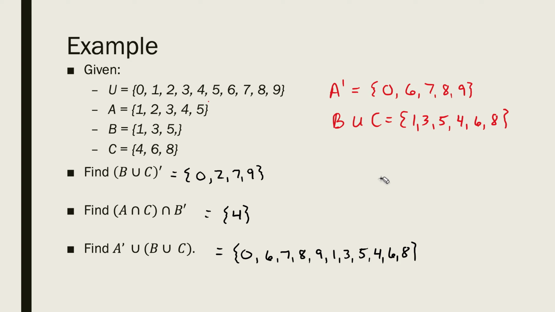So I see that I have 2 6s, so I can get rid of one of the 6s. I have 2 8s, so I'll get rid of one of the 8s. And I think that is all for the duplications. So we now have A complement union with the union of B and C.